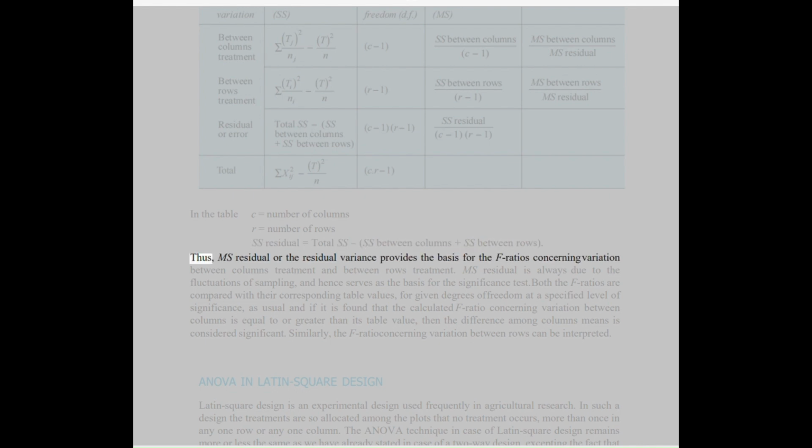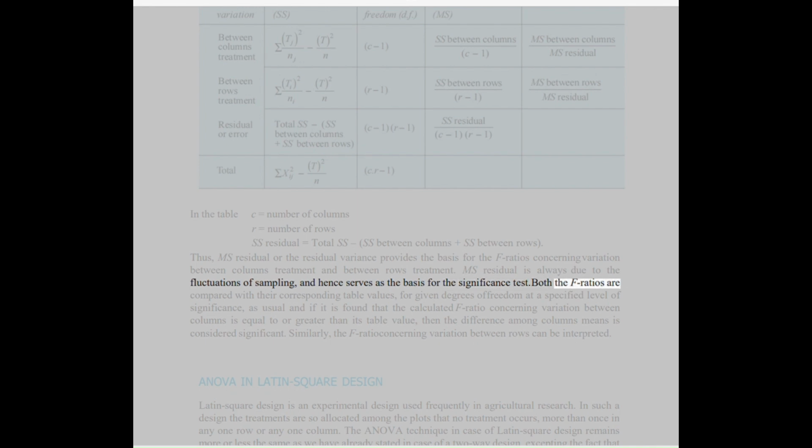Thus, MS residual or the residual variance provides the basis for the F ratios concerning variation between columns treatment and between rows treatment. MS residual is always due to the fluctuations of sampling and hence serves as the basis for the significance test.